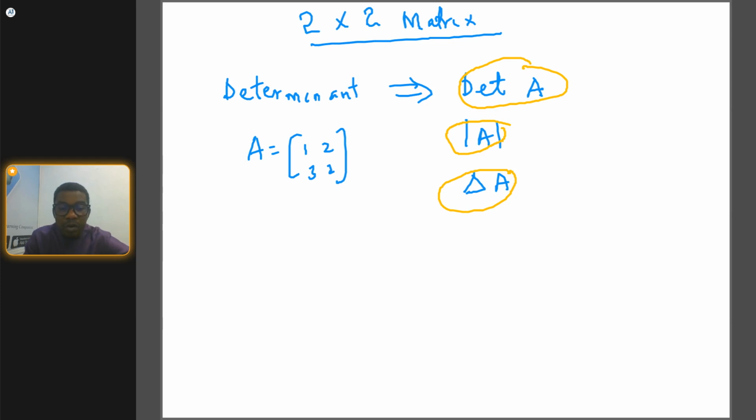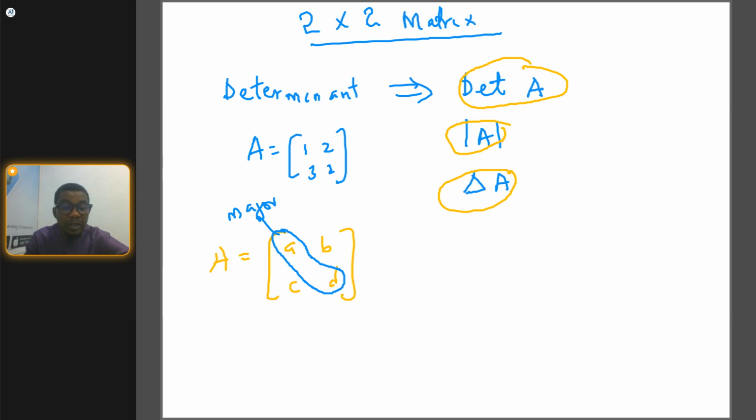Now let's see how we can solve a question on it by taking the concept of the 2 by 2 determinant of matrix. I have matrix A equals A, B, C, D, and I'm asked to find the determinant of this matrix. You need to first understand that this matrix has two diagonals. This is the first diagonal, and we call it the major diagonal.